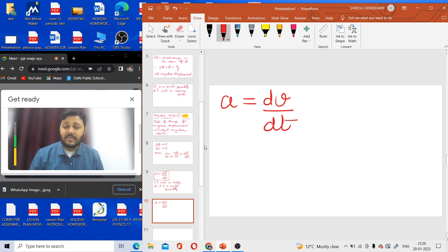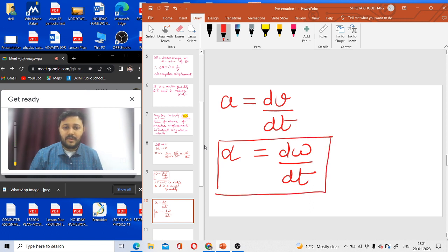In rotational motion, the acceleration is termed as angular acceleration and is denoted by alpha. Alpha is equal to d omega upon dt. This is the formula that we are going to use.